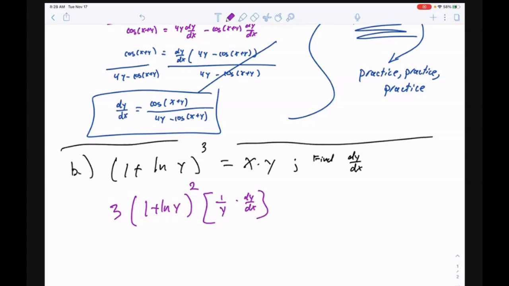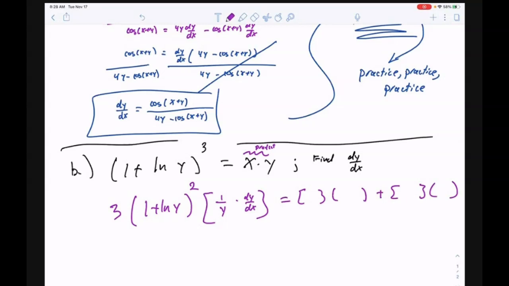All right. And then equals, on the other side, it's a product rule. So recognize this as a product. When you think product, I always like to do it like this: in my mind, brackets represent the derivative and parentheses represent the function.